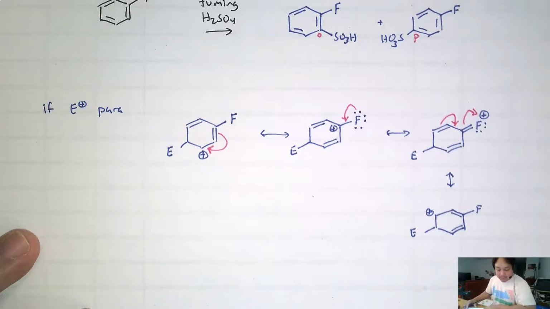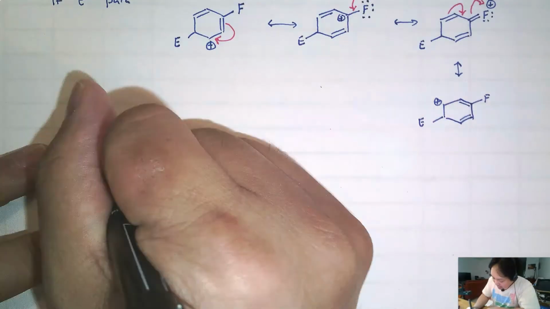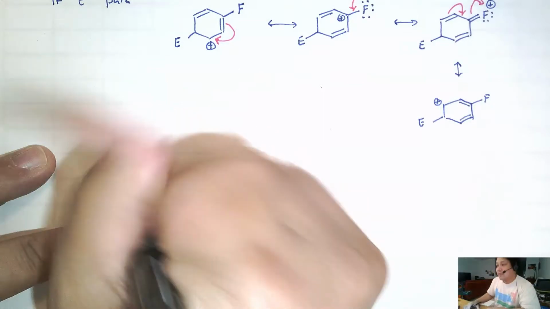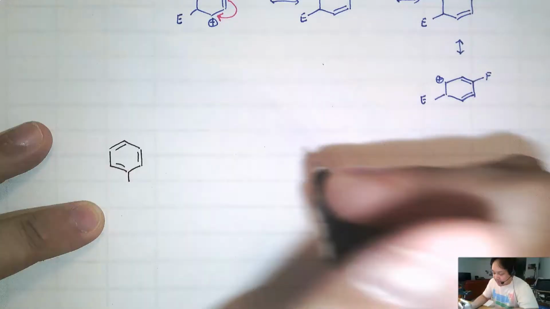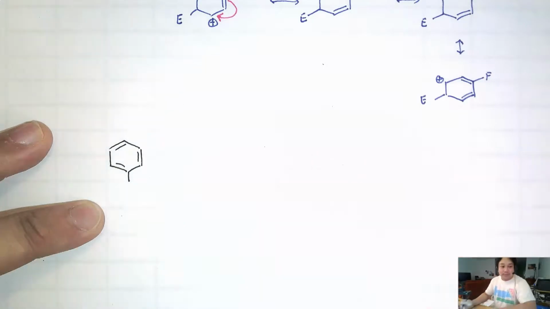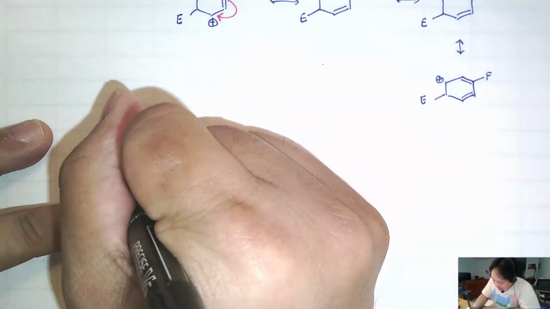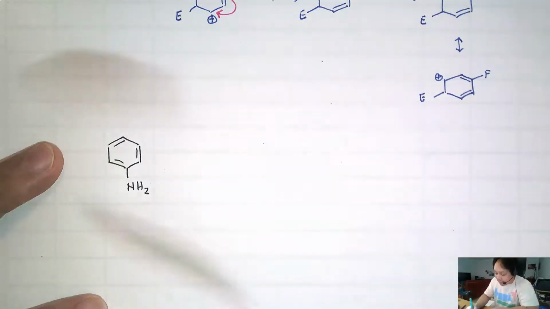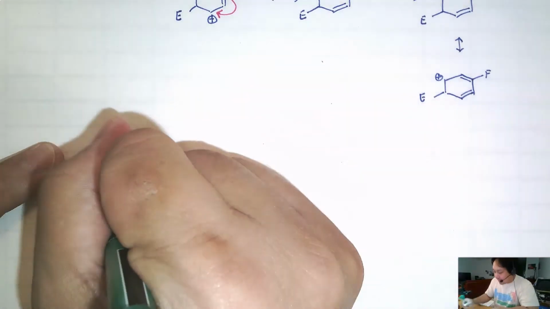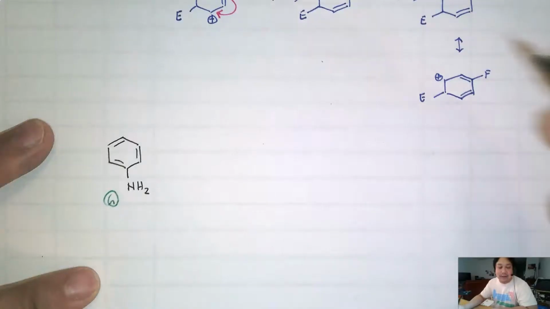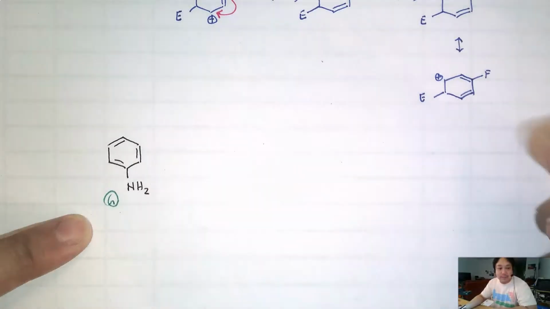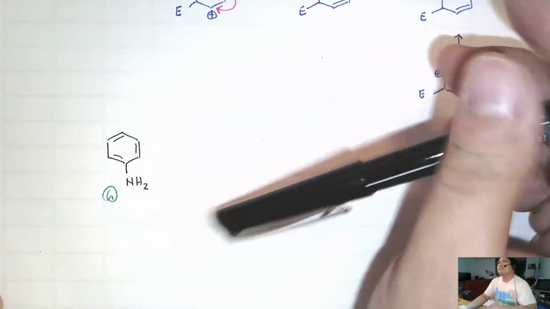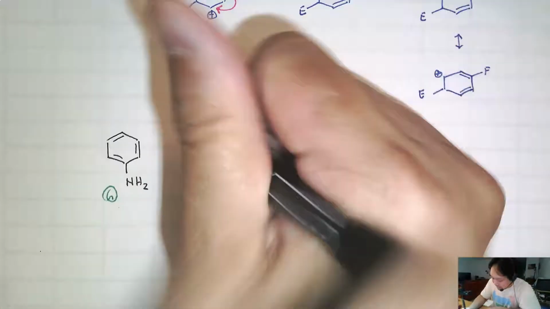Maybe let's do one example. Let's do this. Oh, what about this one? NH2. It's a good group. From the first video, or the first time we talked about directing effects, this is a good group. Let us do bromination. Let's do nitration.